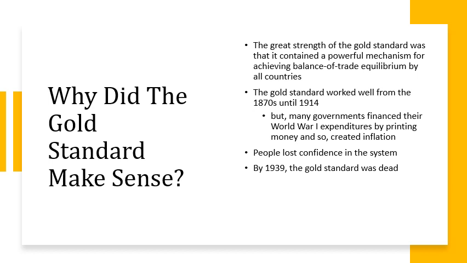However, it remained in practice till World War II, and eventually the gold standard was dead. When the gold standard was dead, at the start of World War II, the countries remained idle during that time period, and then after the end of World War II they needed some other system because international trade had to take place.